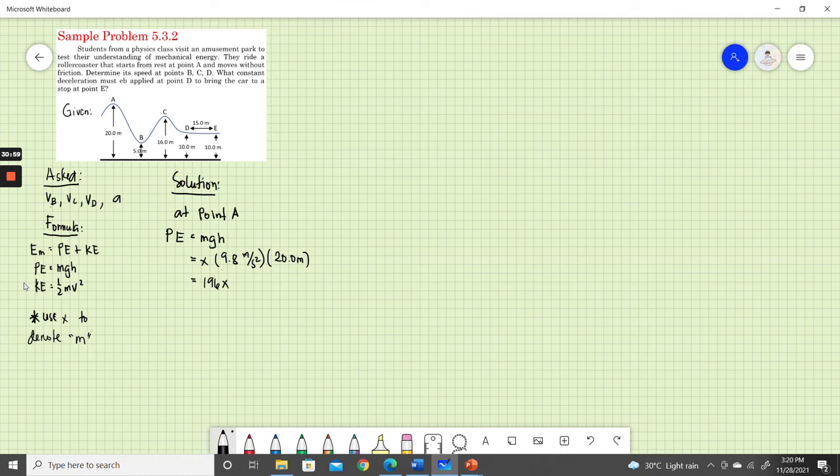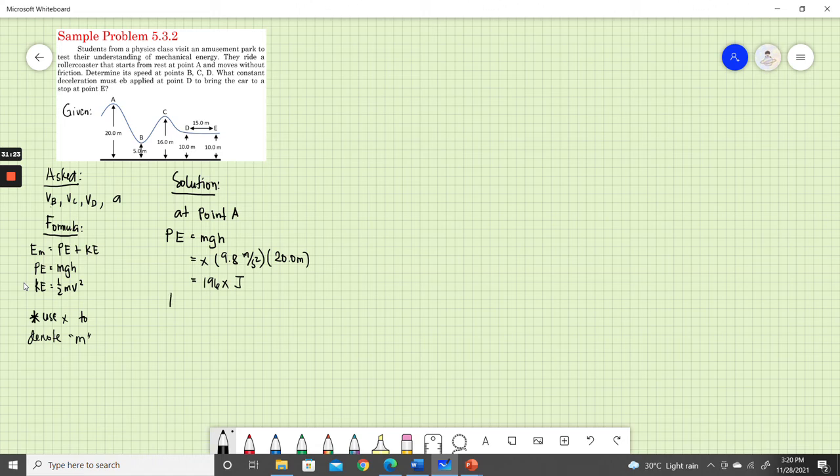So that's 196x, and we're going to use J because x here is kilogram, so it's kilogram meters squared per second squared. That is basically joules, so potential energy is in joules.